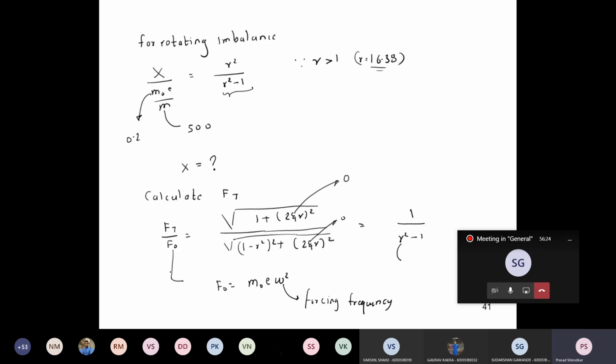So substitute the value of F0 in this equation, and substitute all the values in the equation for steady state amplitude, that is this x. All right, and find your answers.